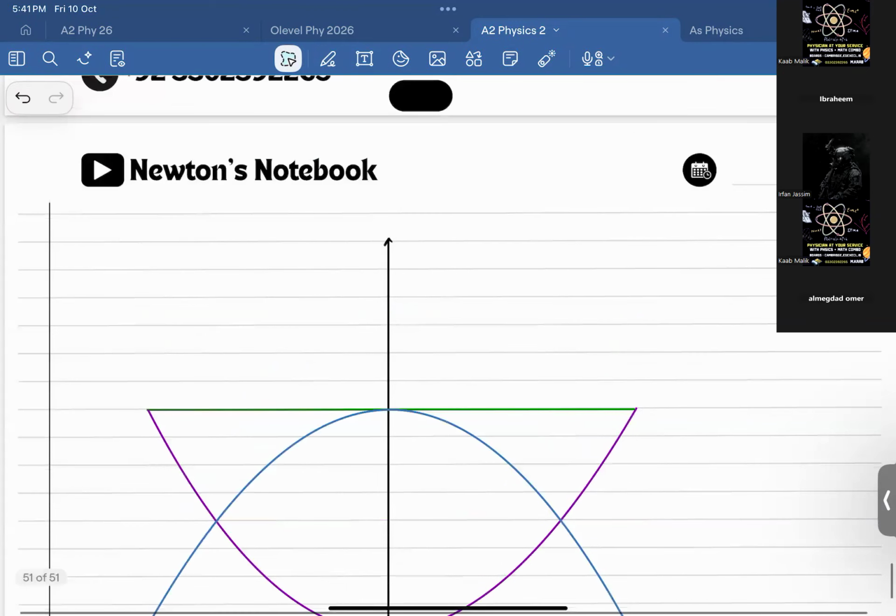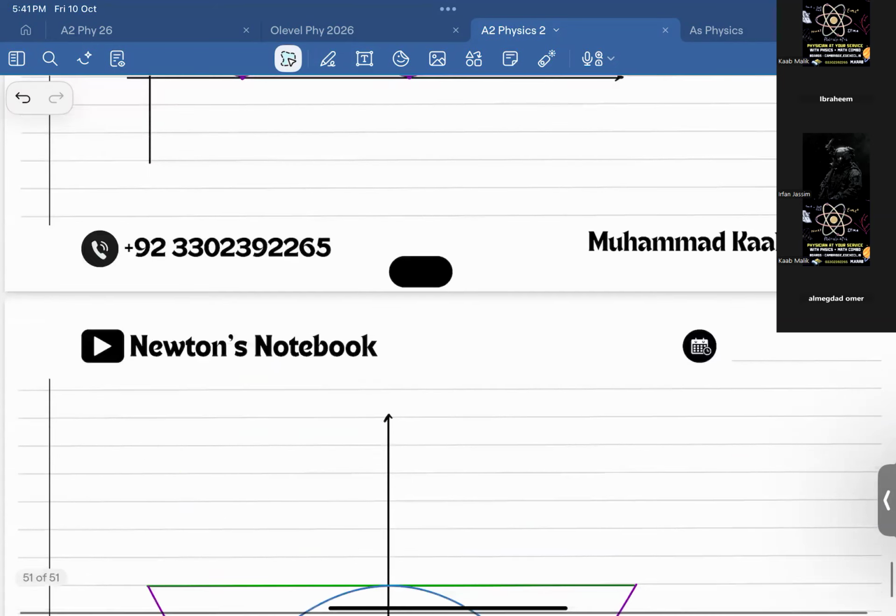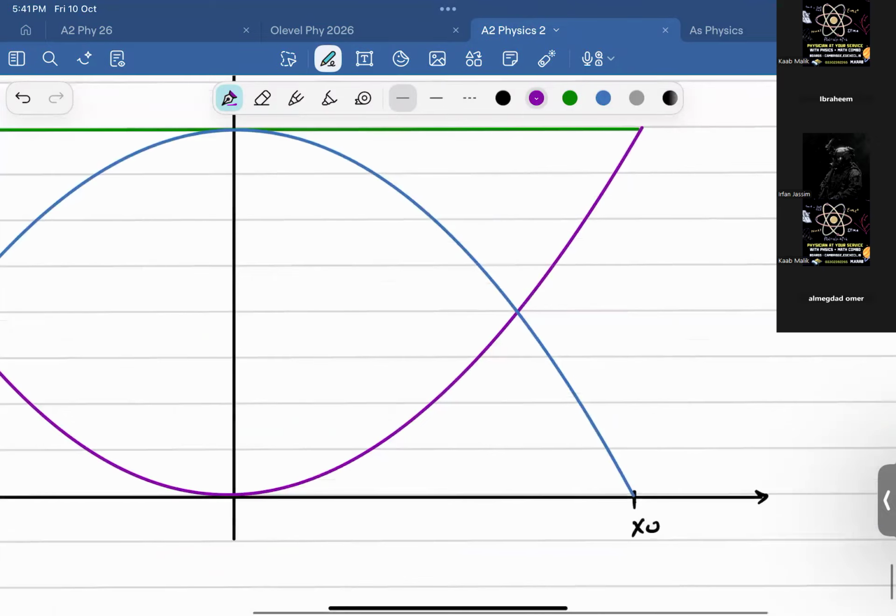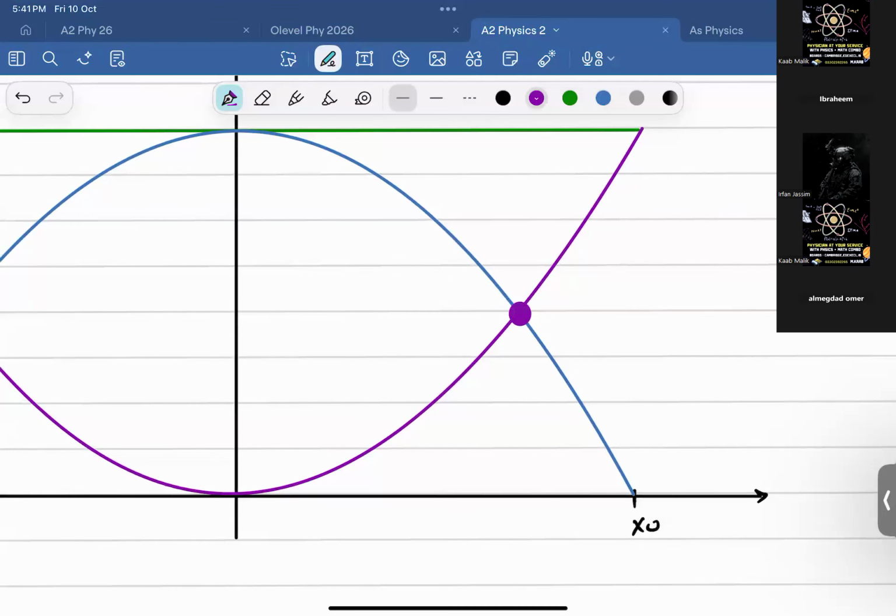This is the position where kinetic and gravitational potential energies are equal. So this is the point where both the energies are equal, right? So kinetic and potential are equal at this point, okay?